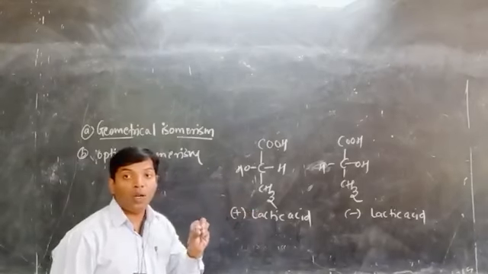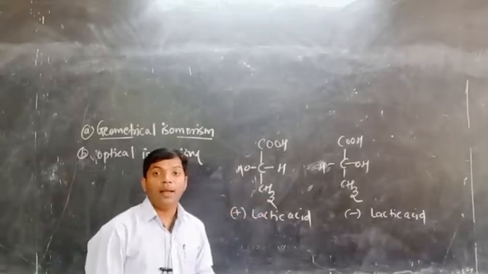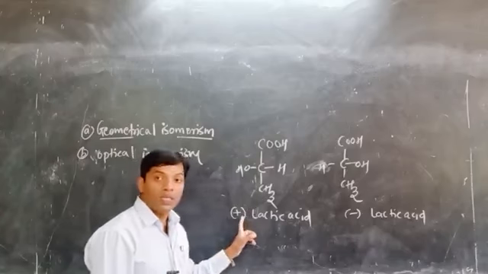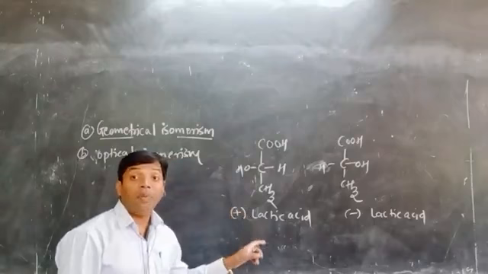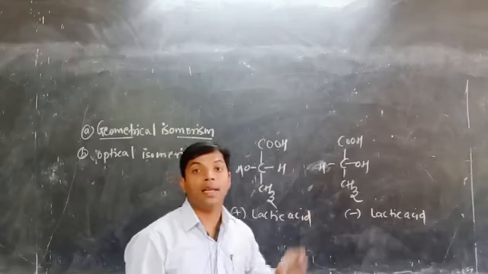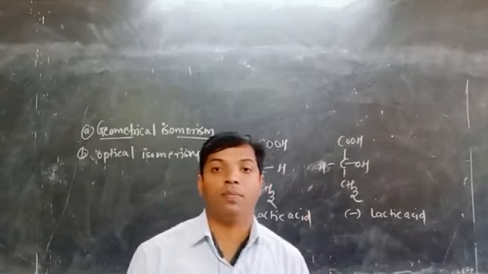If plane polarized light is passed through the solution, and it rotates in the clockwise direction, then we call it plus lactic acid. At the same time, if it rotates in the anti-clockwise direction, it is called minus lactic acid. So this is called optical isomerism.